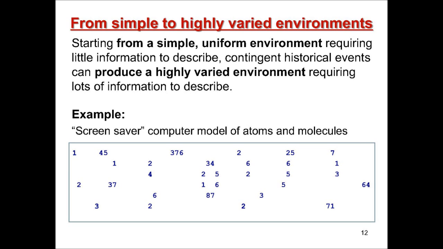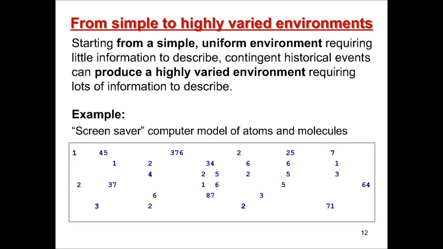A few years ago, I wrote a screensaver program. It started with a blank screen, and then there are just rules that say numbers 1 through 8, think of them as atoms, pop on with various probabilities, move with various probabilities, pop off with various probabilities. If they happen to move and touch each other, they'll bind together to form a molecule, and then that molecule moves with probabilities, and then the bonds can break, and they can rotate.